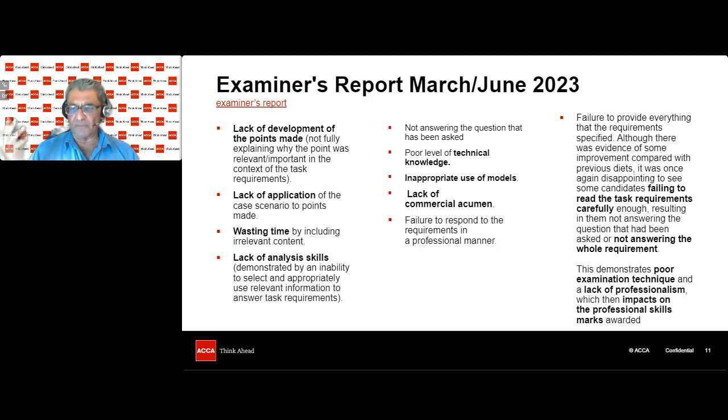So, for example, you might say in your answer, we have a large competitor in the marketplace, right? Now, well, okay, that's fine, but so what? That's fine, but you haven't added any value to that. All you have done is you've taken some data from the question and put it into your answer. That's not an answer, okay?